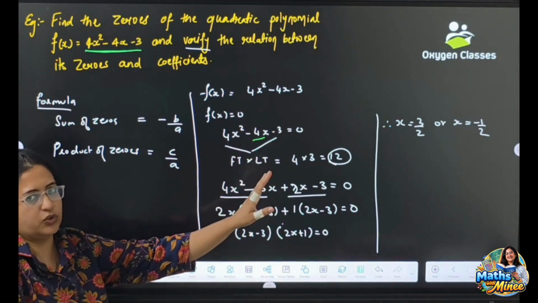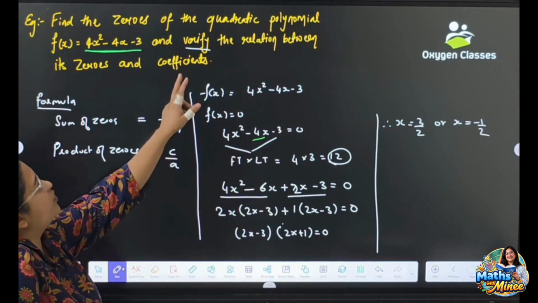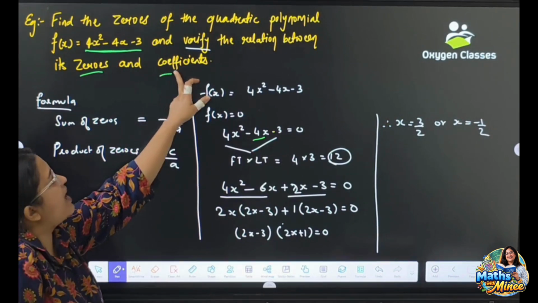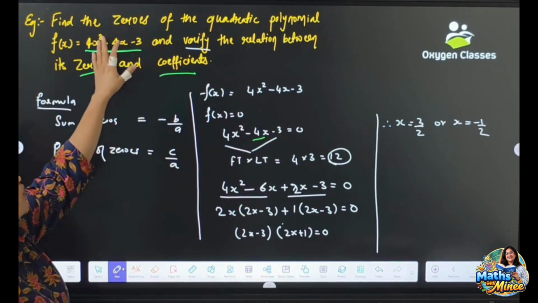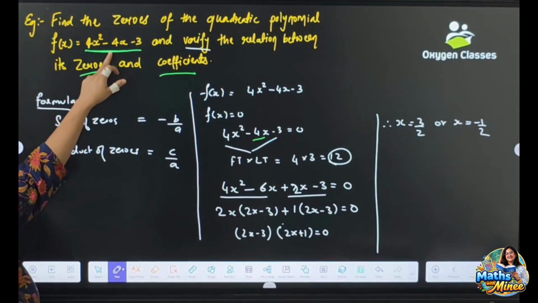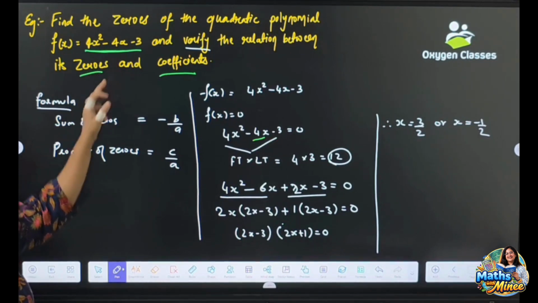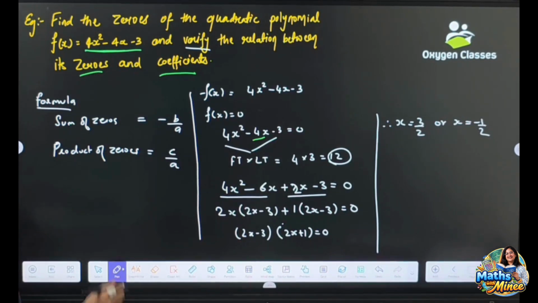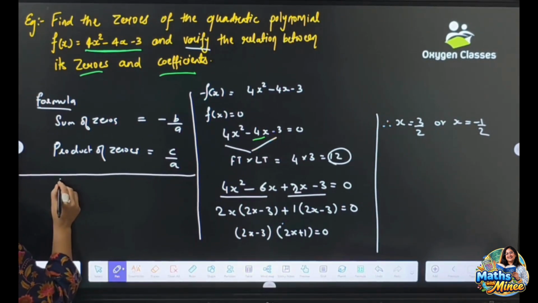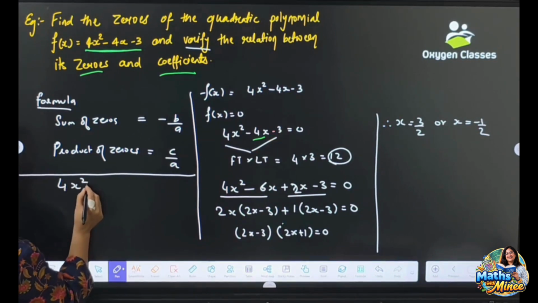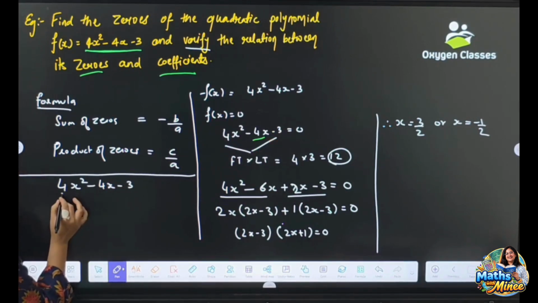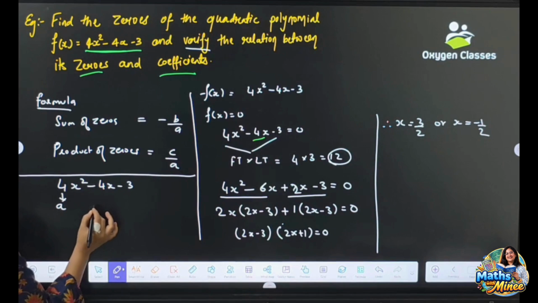Now as we got the solutions, we have to verify the relation between the zeros and coefficients. The coefficients are given to you: 4 from the 4x², -4 from the -4x, and -3. So let us write 4x² - 4x - 3.